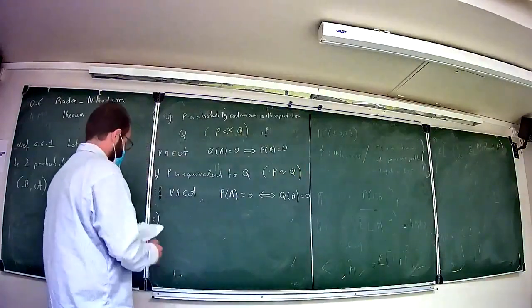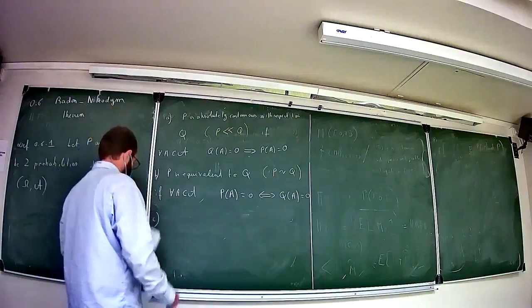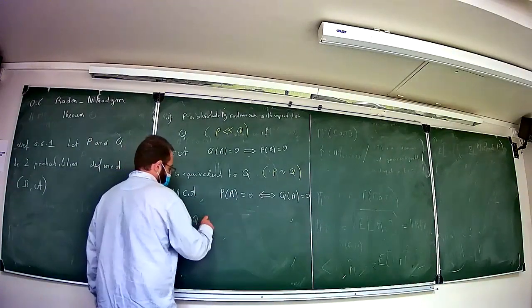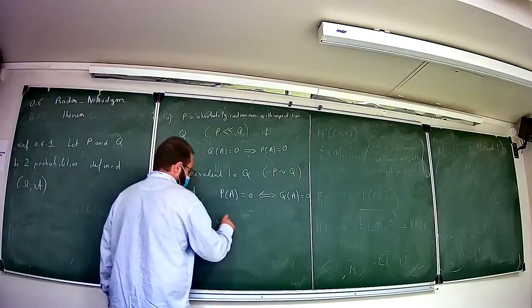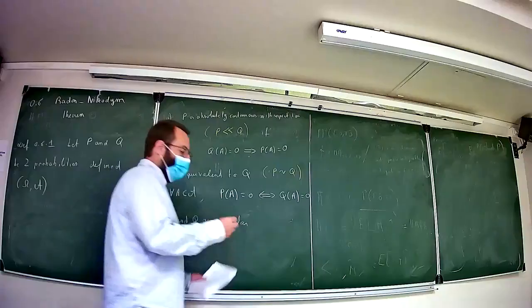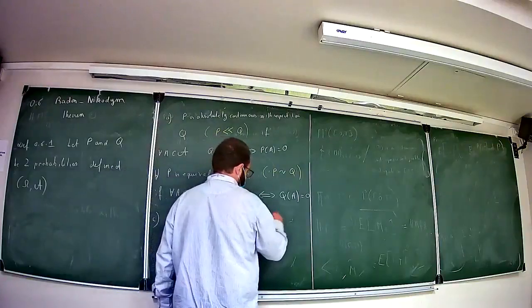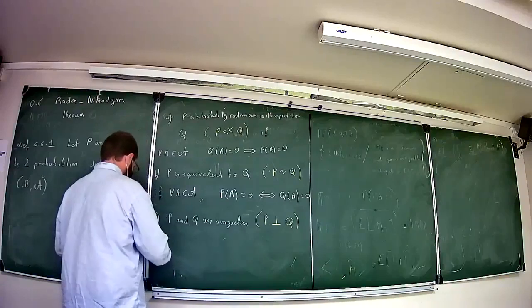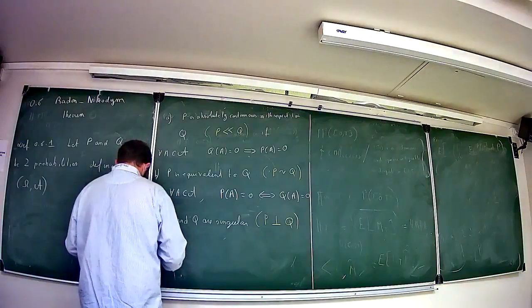And the last one, to be totally exhaustive, okay? P and Q are singular, and we use the orthogonality symbol, P ⊥ Q, if what?